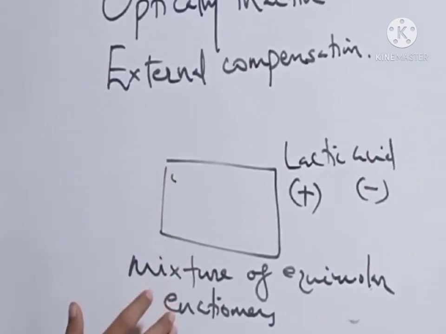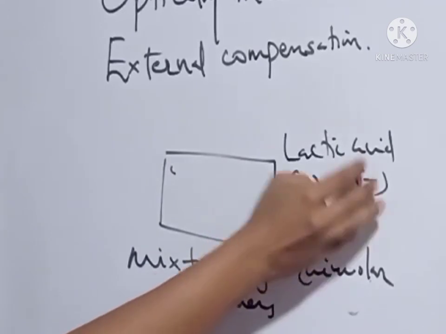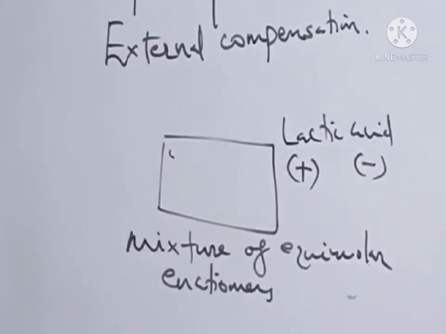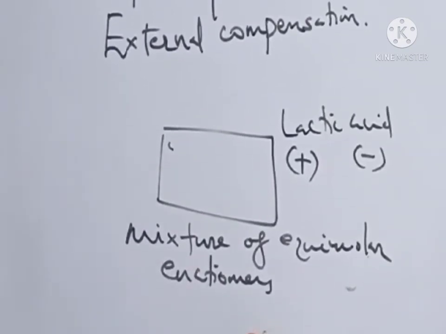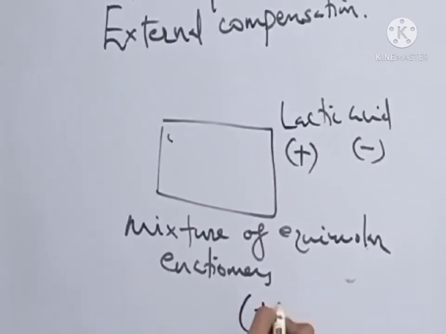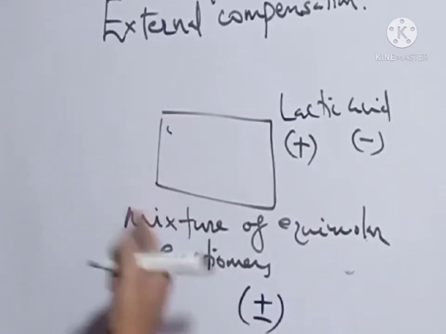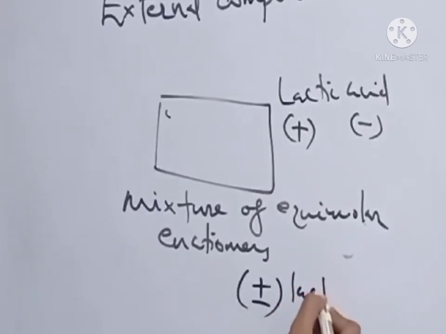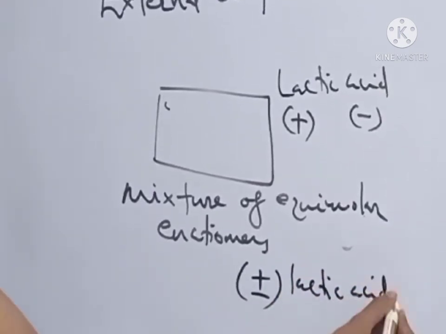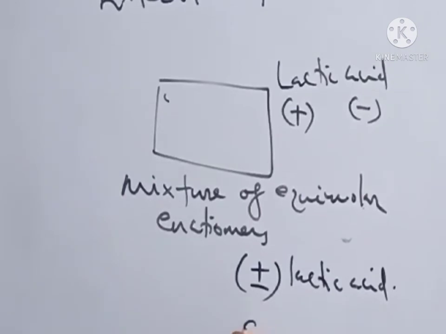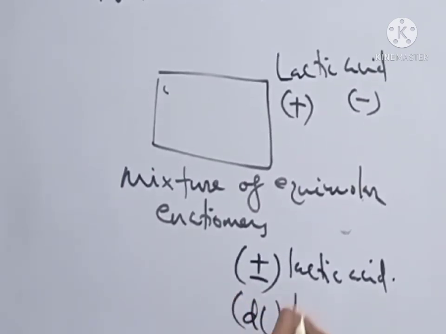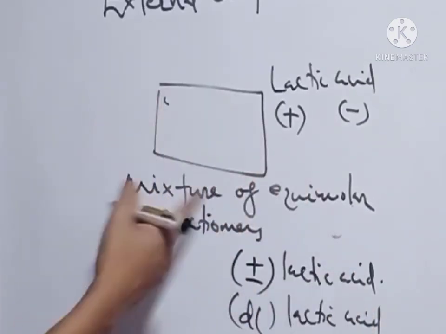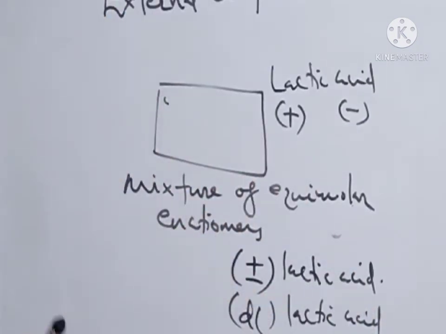That is, this mixture contains both plus lactic acid and minus lactic acid. So, racemic mixtures are usually denoted as plus minus. If it is a racemic mixture of lactic acid, then it is represented as plus minus lactic acid. Or we can also use the symbol DL. DL lactic acid also represents the racemic mixture of lactic acid.